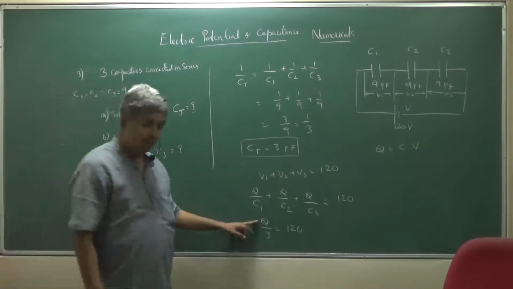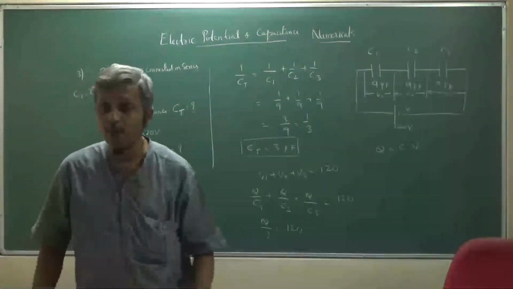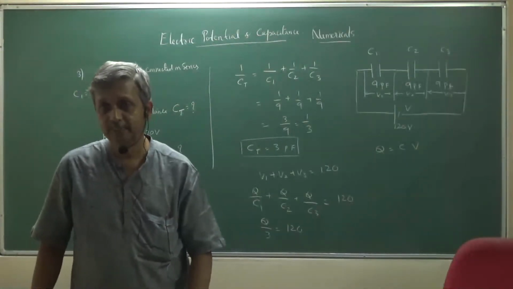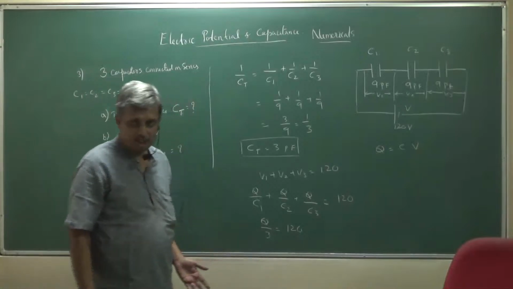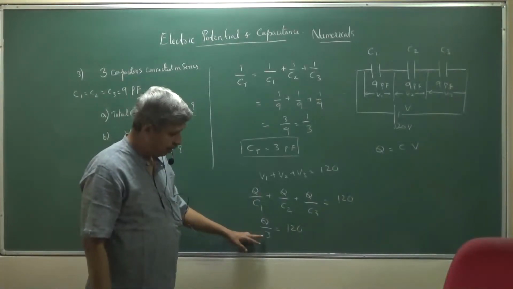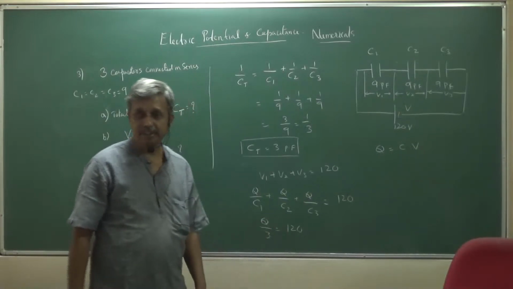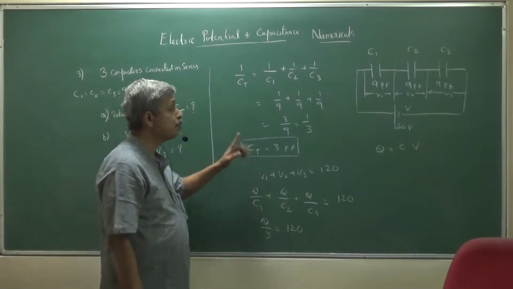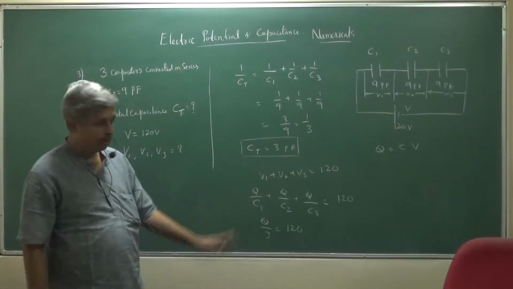So that is total charge divided by total capacitance is nothing but 120. We're just trying to show that if you take the total capacitance and total charge, you will get the 120. Yeah. So this is the way we proved it. You don't have to do this part to be able to do this.